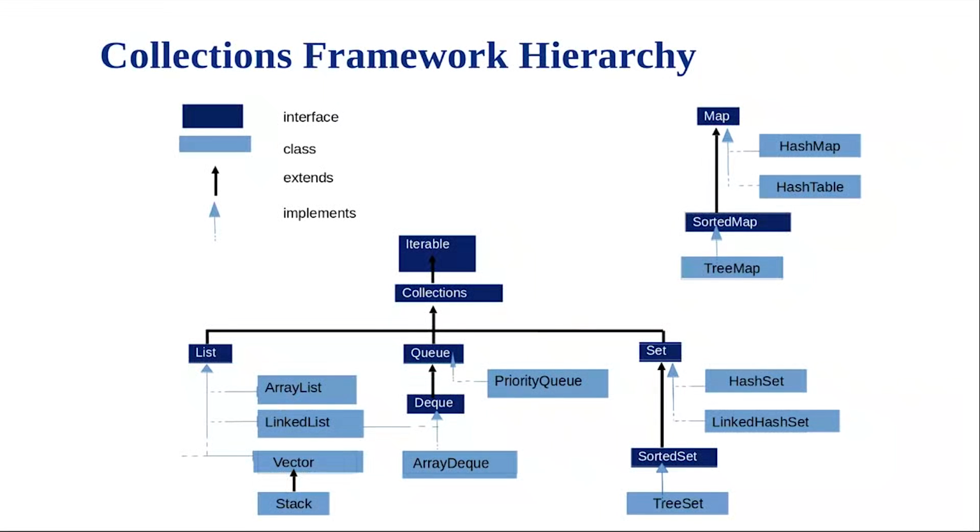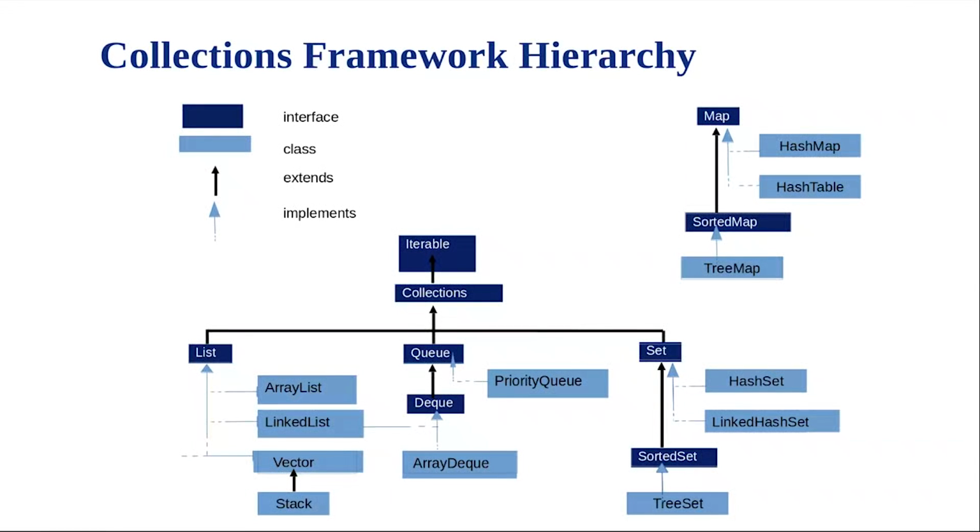So whenever we implement a particular interface onto a class, we use the dotted arrow. And when you subclass a class, or create a sub-interface from an interface, we use the extends keyword. So the arrows are represented in such a manner.